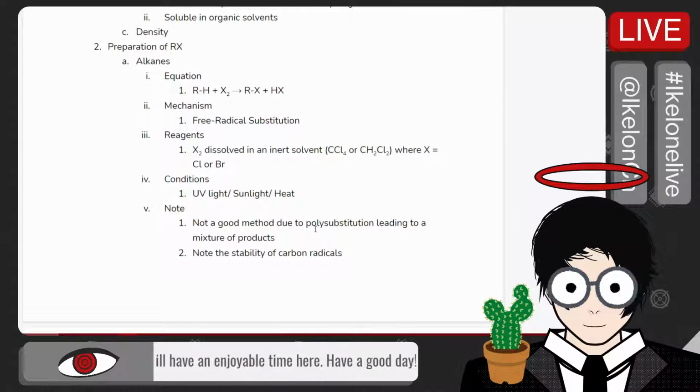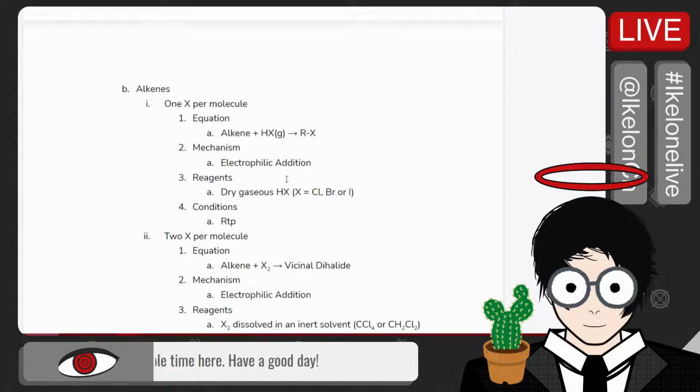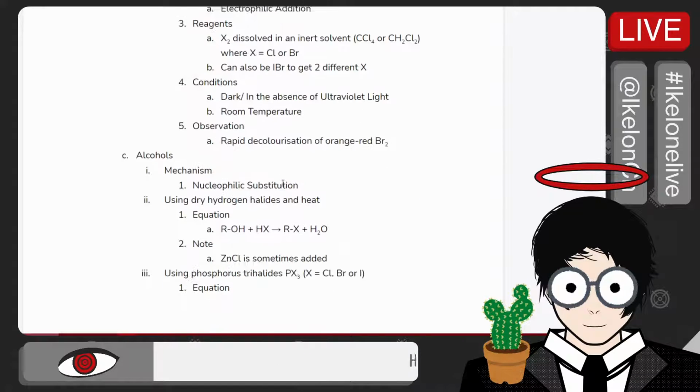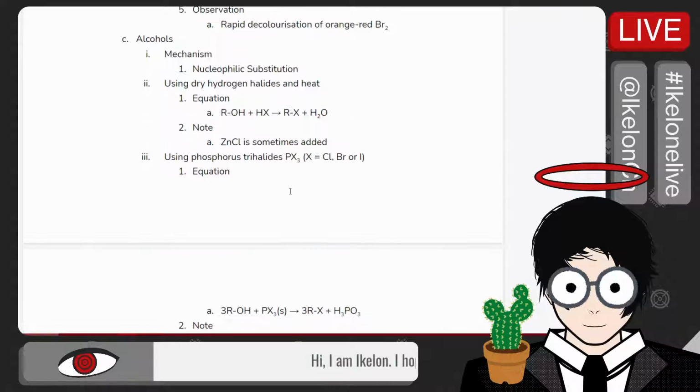Basically, if there is UV light, you can undergo free radical substitution. But in this reaction, we only want electrophilic addition, so you do it in the absence of UV light, and room temperature is enough. And this is what you will observe if the reaction proceeds. So lastly, let's go to alcohol.